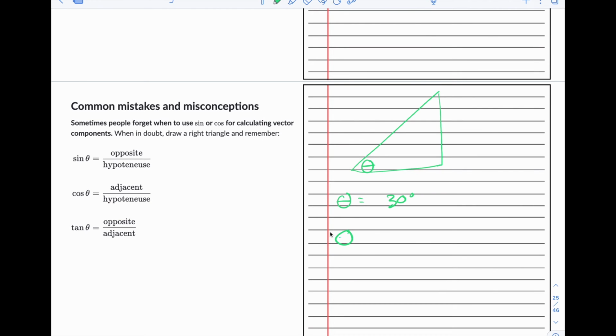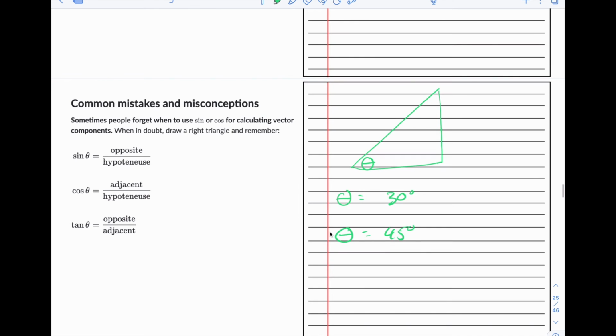And the second time, your angle is going to be 45 degrees. And then let's do 60 degrees. And then for one more, how about I do 75 degrees? So it's going from small to big. We're going to say that we want to find the sine of each.